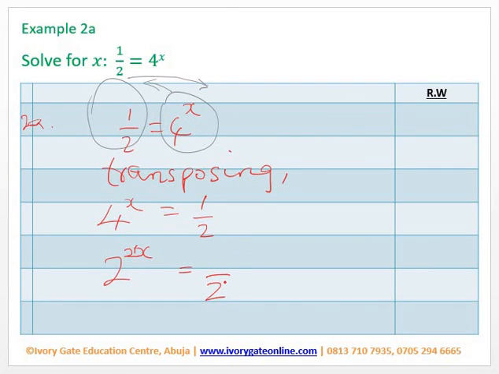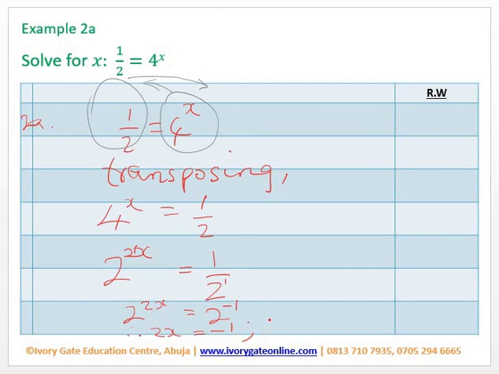This means 2 raised to power 1. So in this case, we have 2 raised to power 2x is equal to 2 raised to power then minus 1 when we take care of the reciprocal. Therefore, here we have 2x is equal to minus 1.